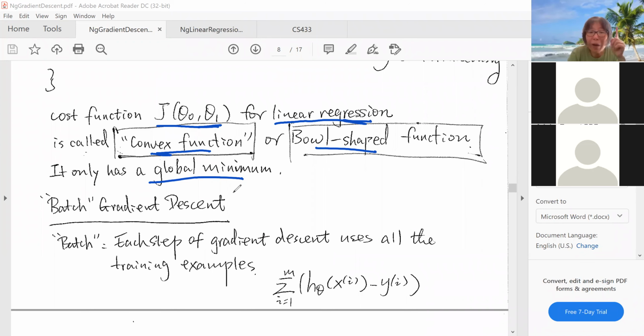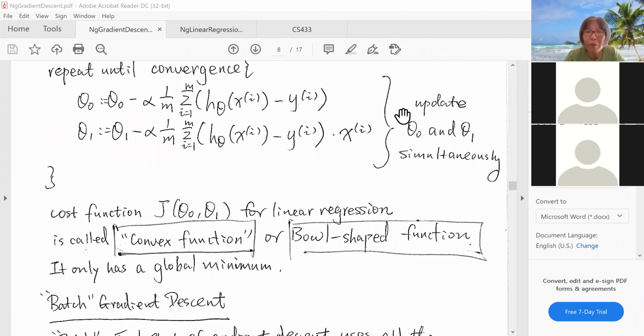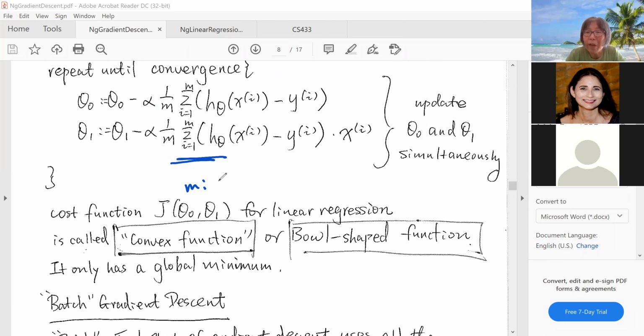And regarding what we just discussed here, if you take a look, when we calculate the gradients, we consider that M over here is the number of training samples.